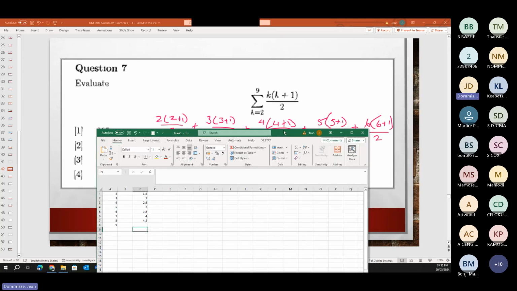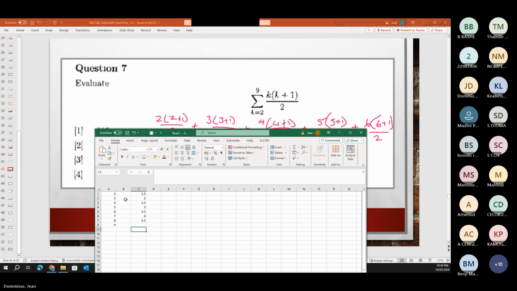So the formula is that, and one can obviously do it on your calculator as well, where you will multiply it out every time.